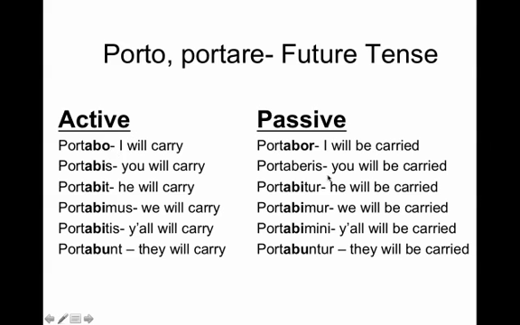Portabis becomes portaberis. This is the one tricky place as you're translating these. The i in the second person form becomes an e here. Everything else is exactly the same in terms of vowel. -t becomes -tur, the i's stay there. -mus becomes -mur, -tis becomes -mini, -nt becomes -ntur.